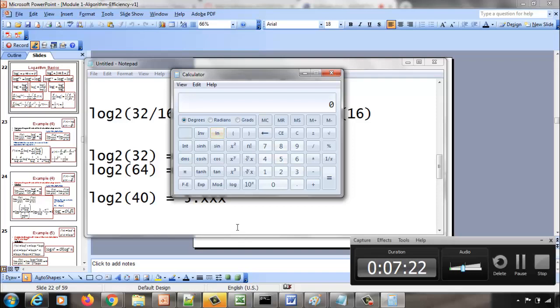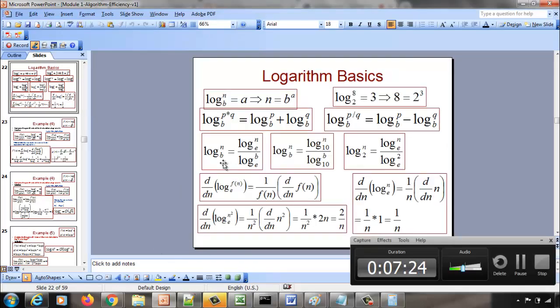So that's the formula that I have here. If I have log of some n to the base b, any base, then we can use either the base e log key or the base 10 log key, but we have to stay consistent with it.